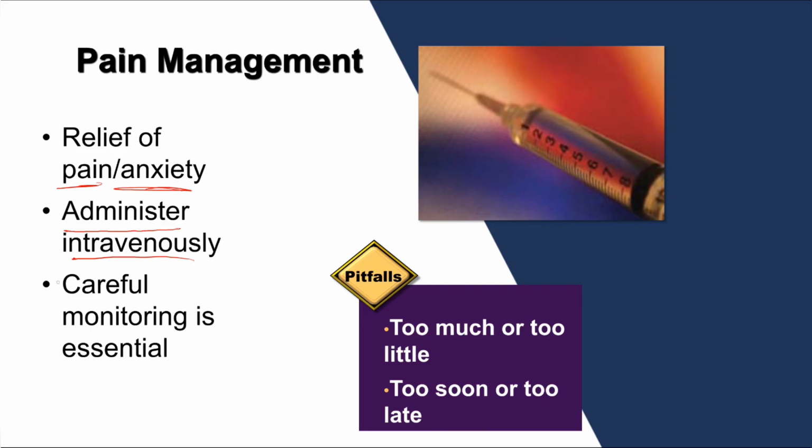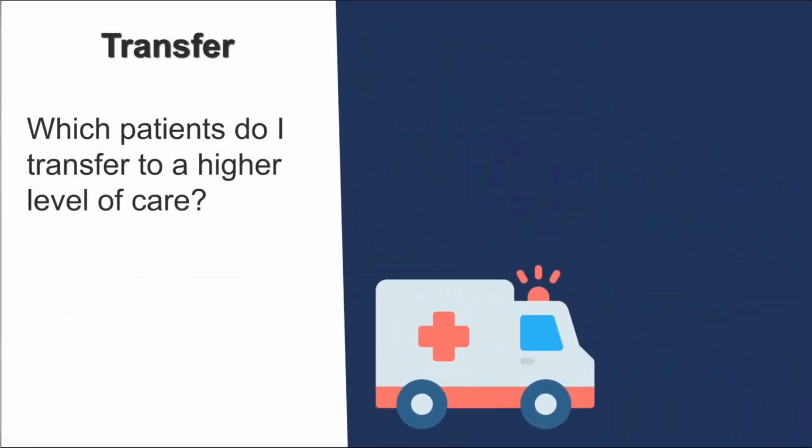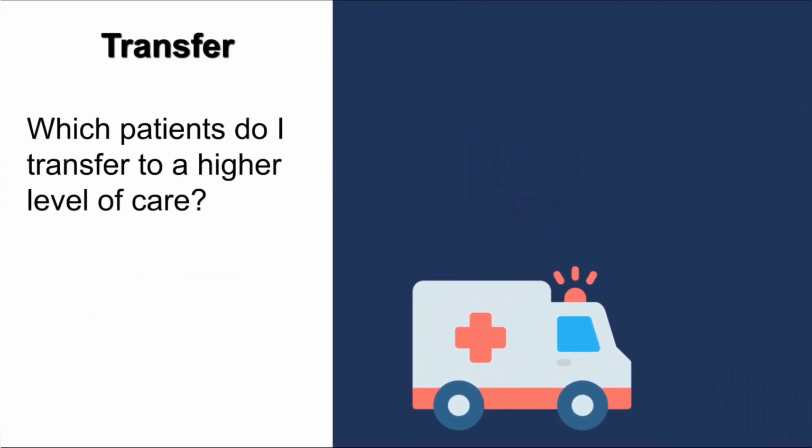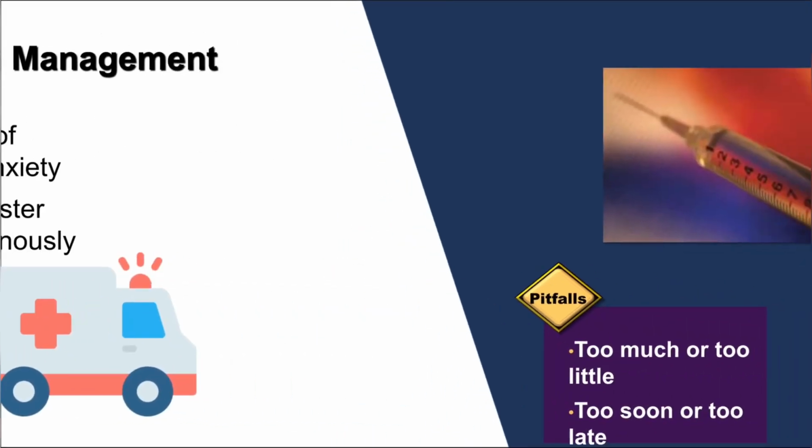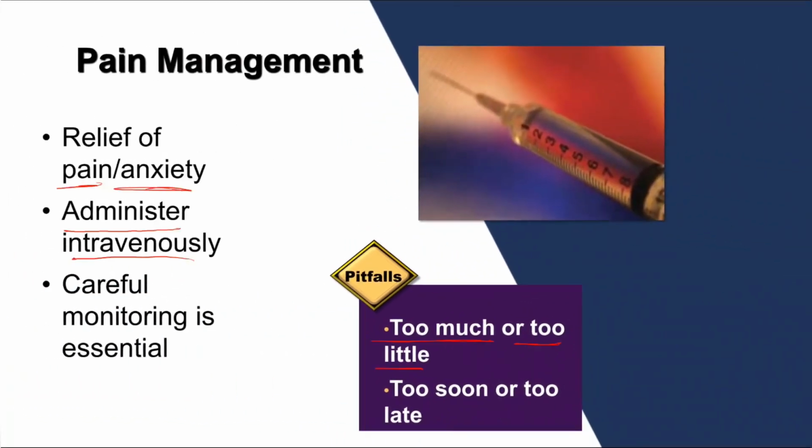But anyhow, if you give these drugs, you have to monitor carefully, because if you give too much, it might lead to apnea, or too little will not be enough for pain management. Sometimes you face a problem of giving opioid and the patient's consciousness deteriorates.